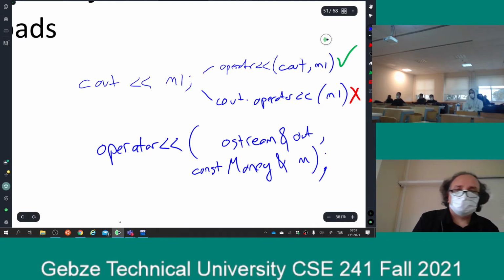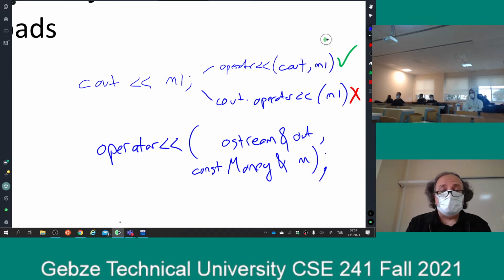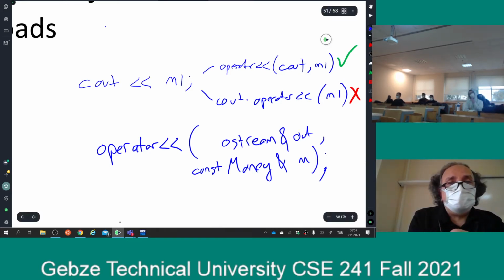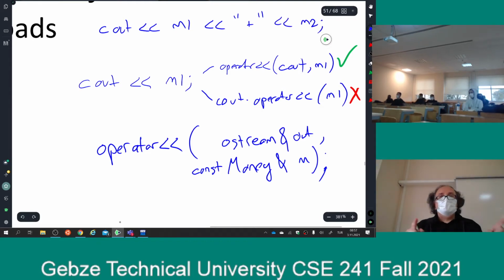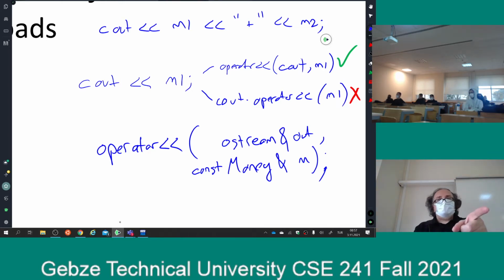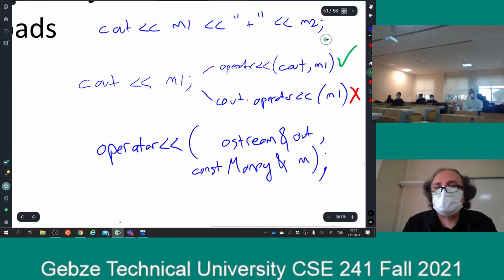How about this return? Okay, so to understand what the operator stream insertion should return, maybe we can do this. We know that this one, M1 plus M2 should work, right? So I'm going to write the money one first, $5.70 plus $3.30, right? This one should work. So if this one is going to work, then let's look at this part. What is this?